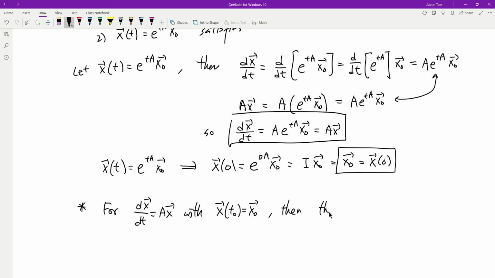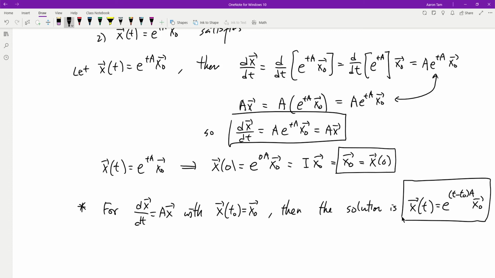The solution is simply this. We just translate our solution so that our solution would line up at t sub 0. Plain and simple.